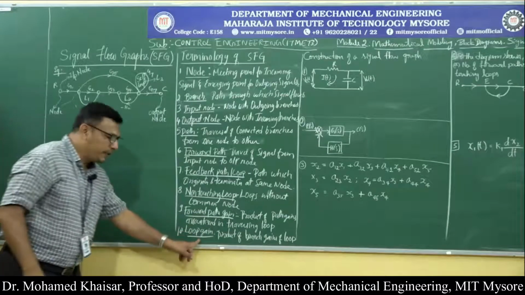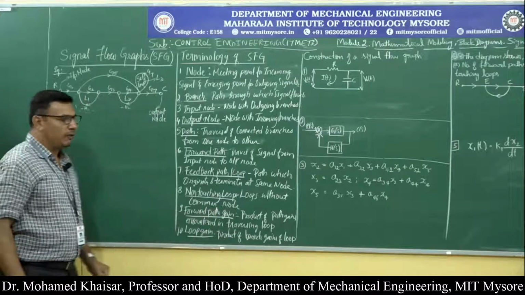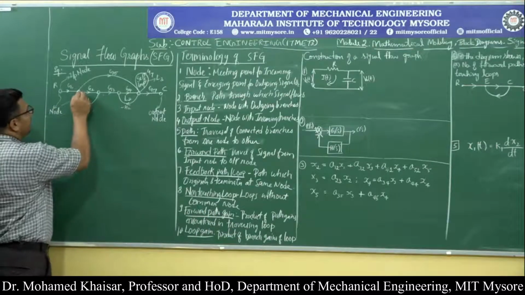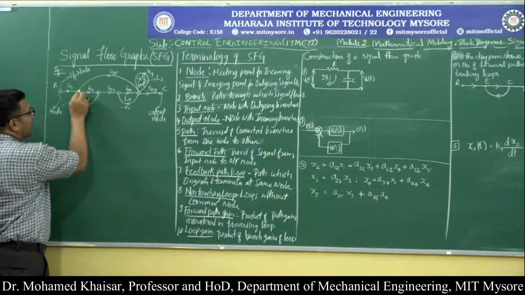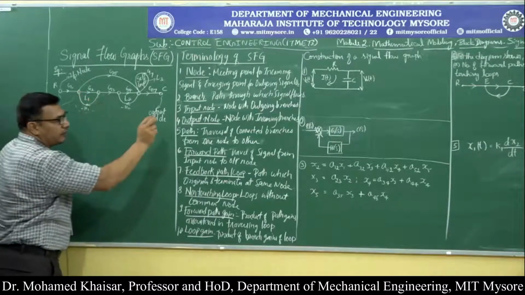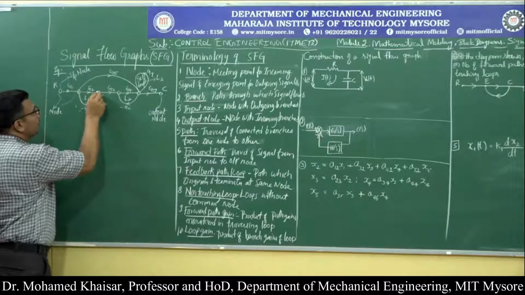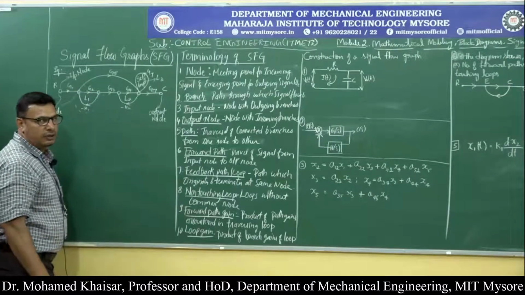Then lastly, loop gain. It is the product of the branch gains of the loop. What does it mean? If this is the feedback loop, starting from here, going till here and then coming back, what is the path it is traveling? From this node to this node, it has G2 as the gain.